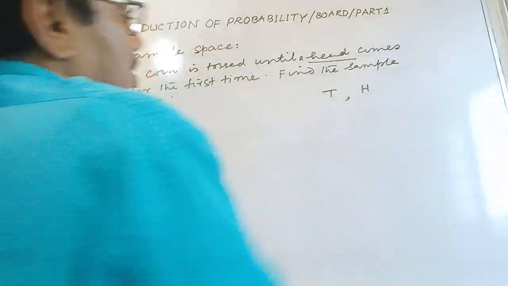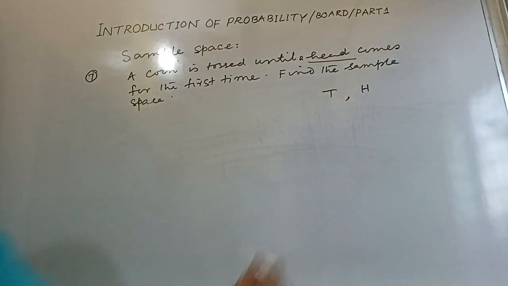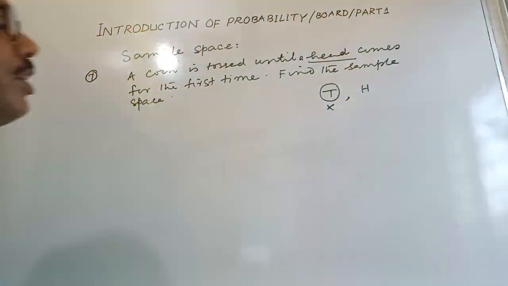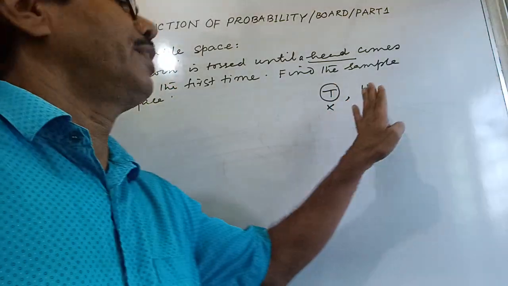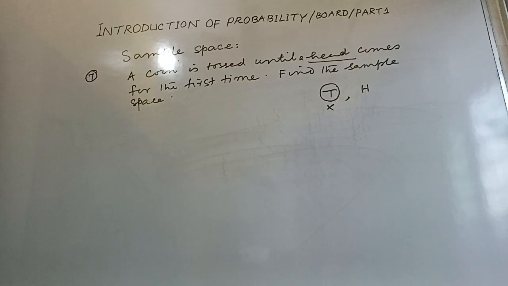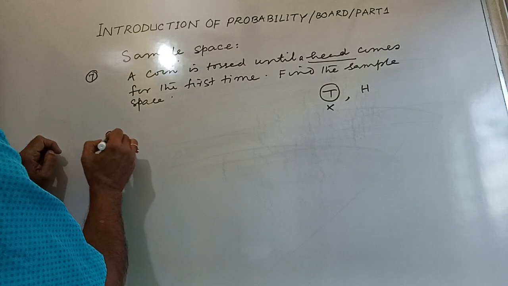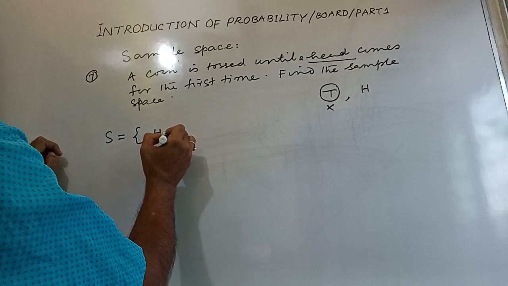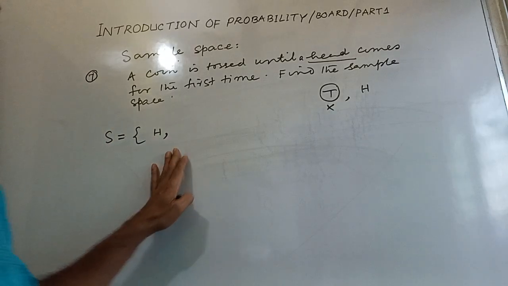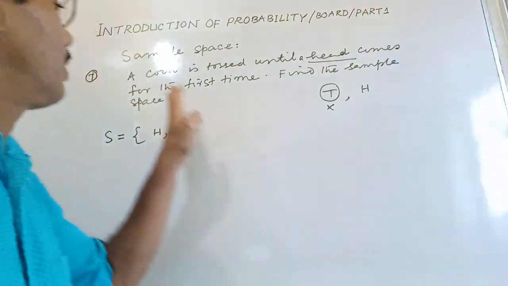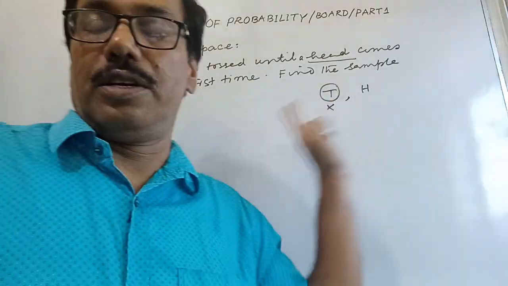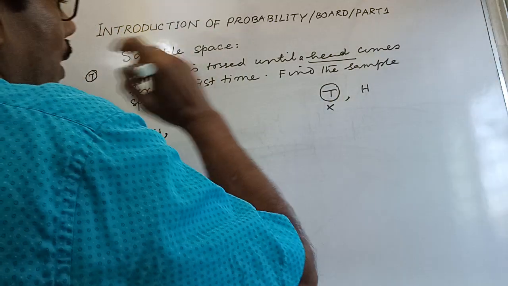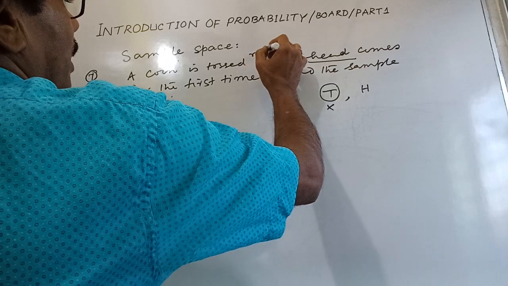But tail is rejected because your main aim is to get head. So if we get head, then it stops. Mind it, the process is repeated; the coin is tossed repeatedly.